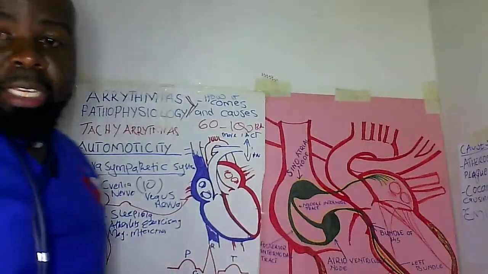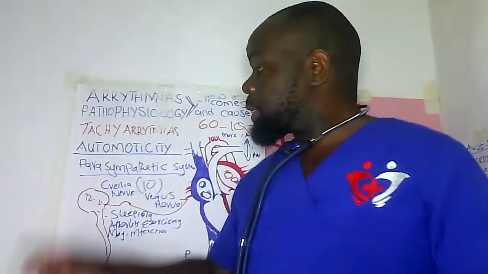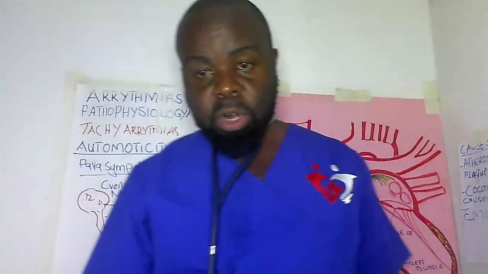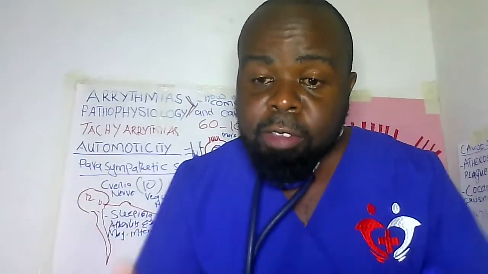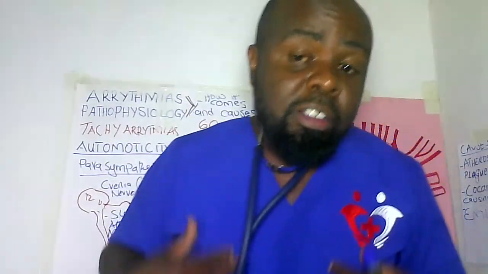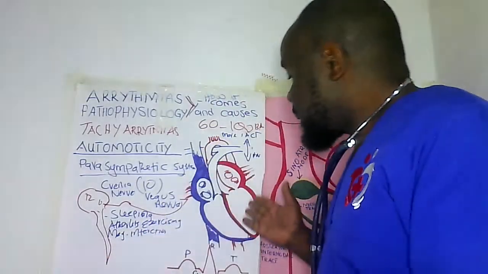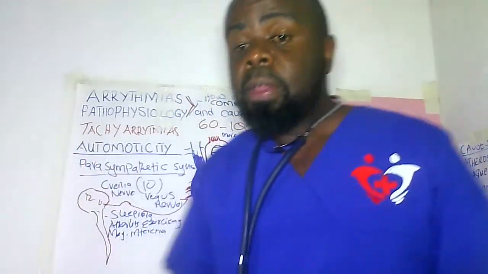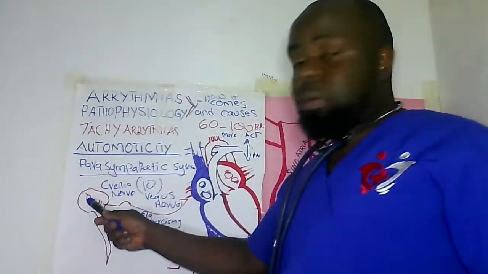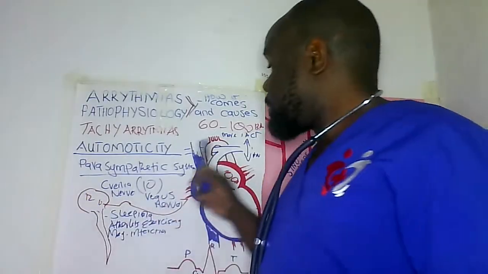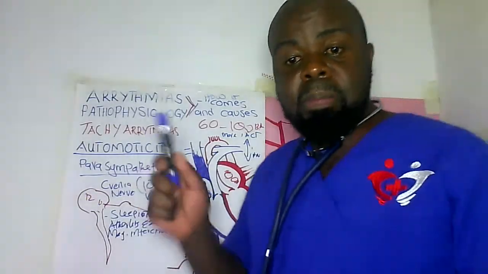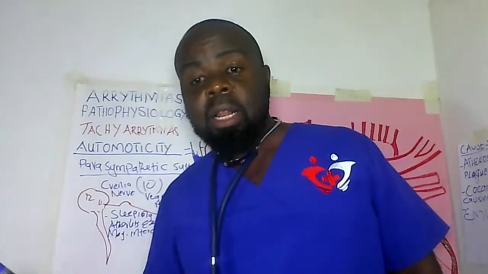We have said that if you excite the vagal tone, it will release acetylcholine. And releasing acetylcholine means what? It means the nerves are releasing a lot of neurotransmitters, those transmissions that your nerves pass, and it will reach the heart, and the acetylcholine will make your heart beat slowly. If you don't know what acetylcholine is, this nerve comes from the head. It has to pass transmissions to the heart, and the transmissions are carried through acetylcholine.